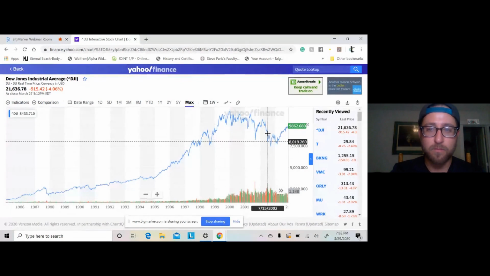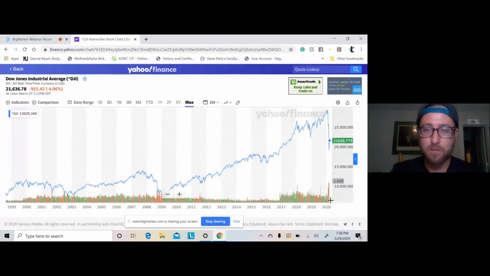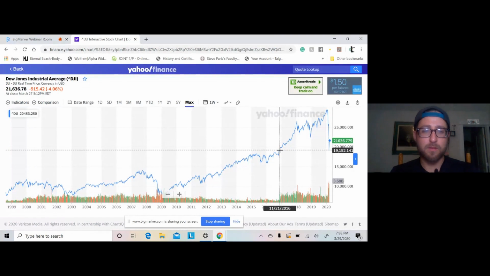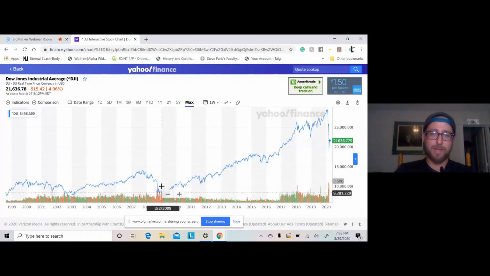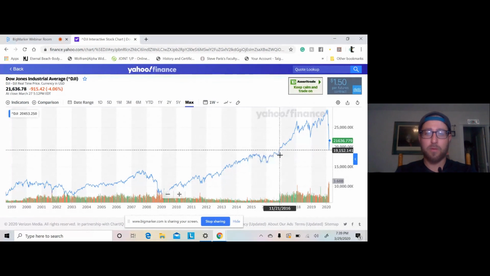To put it in perspective, let's go more to the right. So this is where we dropped to, about here. 2008 was all the way down here. So we have a long way to go till then. Here's our current bottom of recent, about 2016.